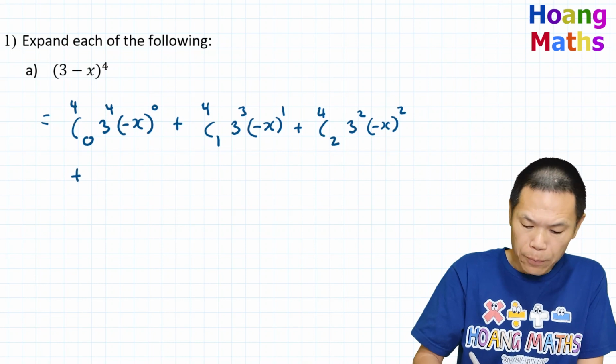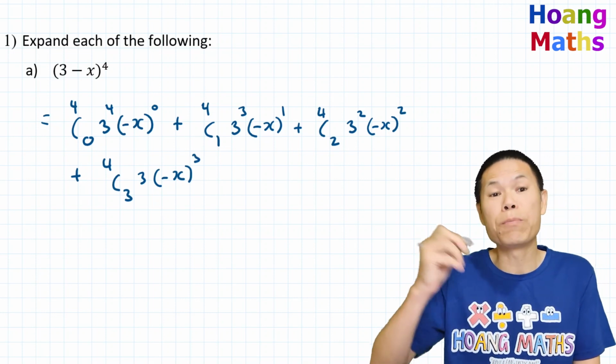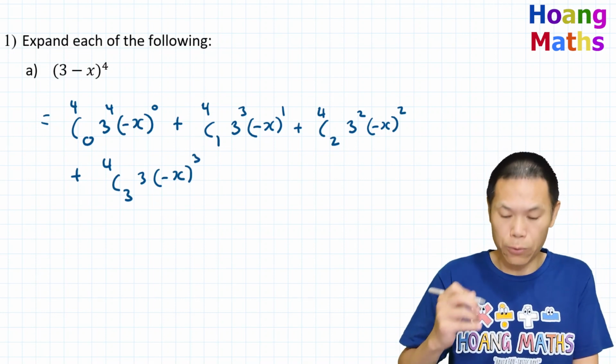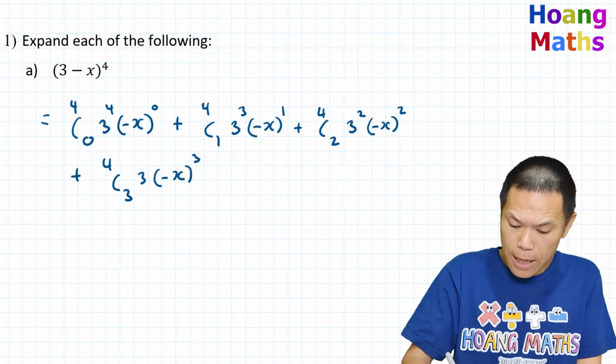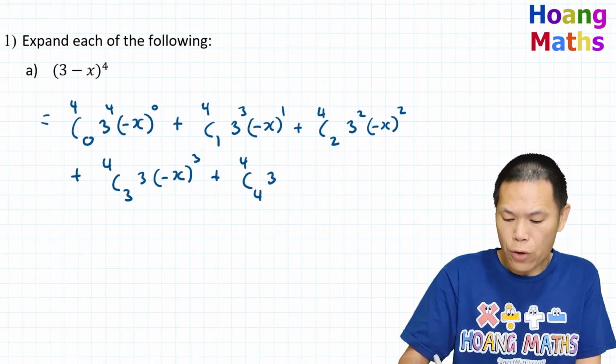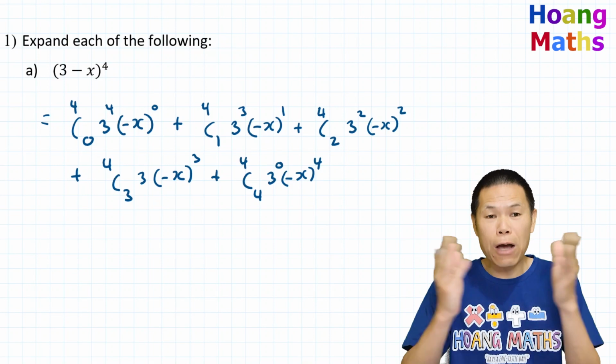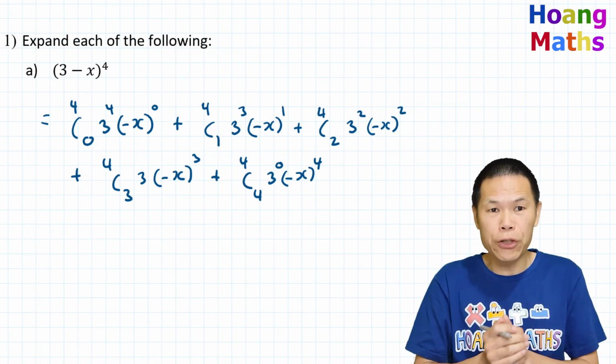And we add 4C3, 3 and negative x to the power of 3, because 3 to the power 1 also equals 3, so we just leave it as it is. And then we add 4C4, 3 to the power of 0 and negative x to the power of 4. So there you go. Now let me just evaluate the coefficients.